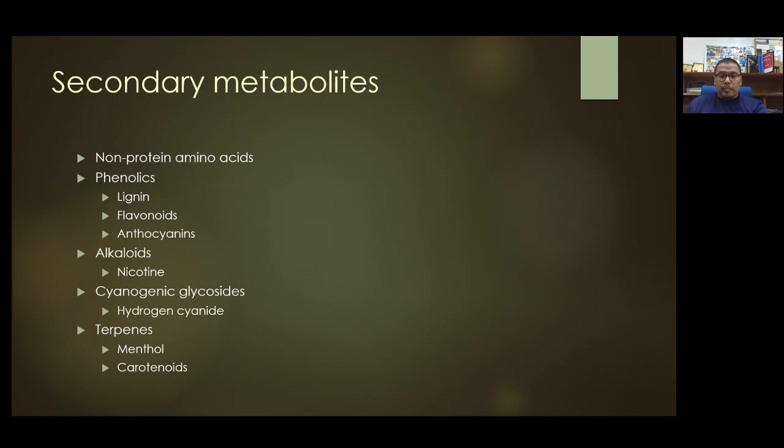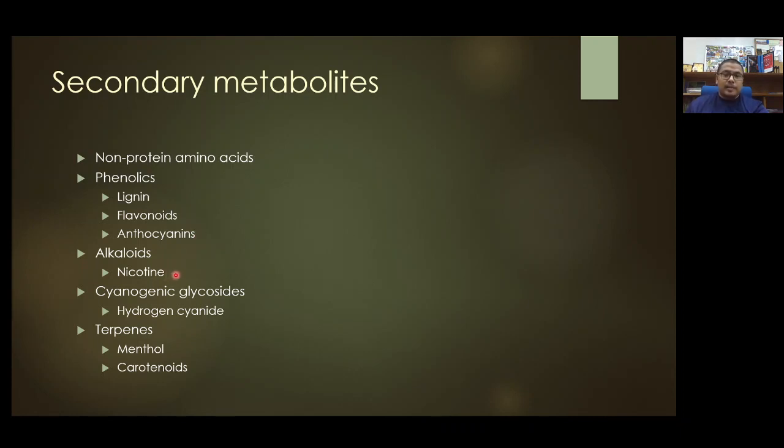So the following major categories of secondary metabolites are of taxonomic significance. I'm not going to discuss in detail about these compounds. You can read and enjoy the information in the textbook. Please let me know if you have questions. The secondary metabolites can include non-protein amino acids. You can have phenolic groups, which include lignin, flavonoids, and anthocyanins.